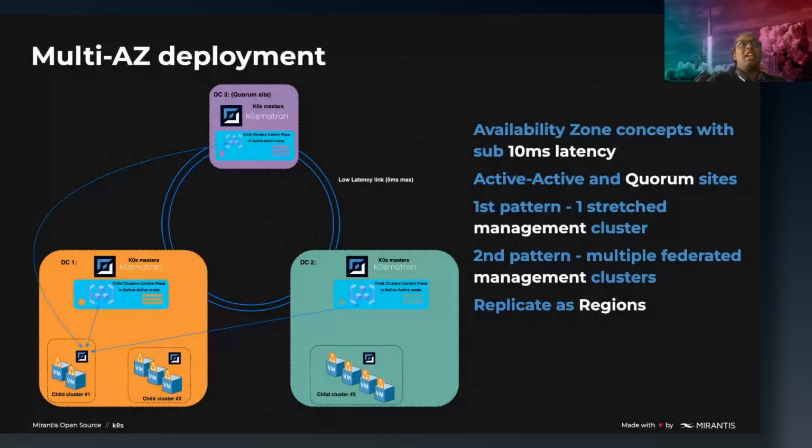So let's look at an example. So here, for example, I want to deploy a solution on top of multiple availability zones, right? So that's a region. One region, multiple availability zones. Typically, you would need to have at least 3 physical sites within a 10 or 20 kilometer range, so that you reduce the latency, right?